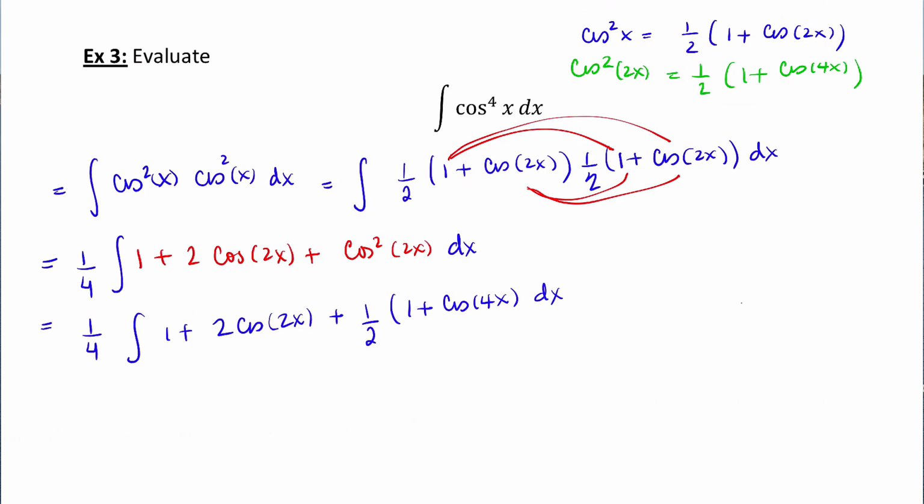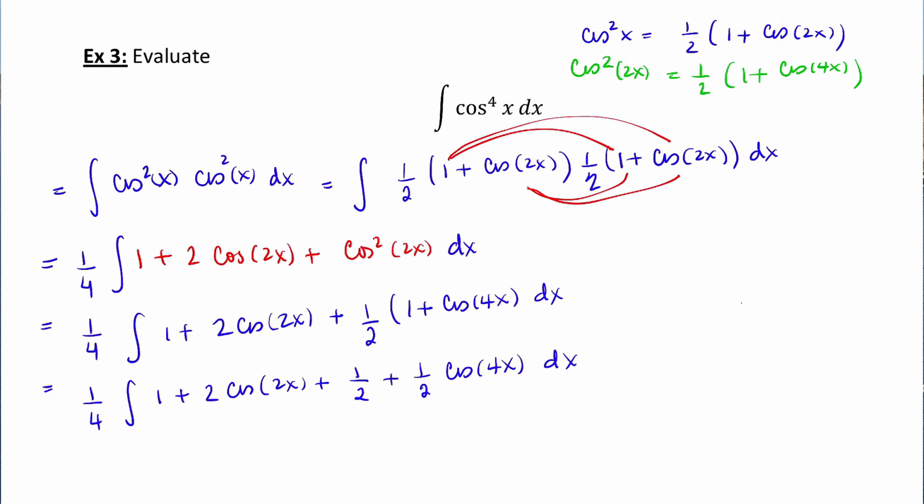So let me just do 1 over 4 and then 1 plus 2 cosine of 2x plus, I'm going to distribute this 1/2. I get 1/2 plus 1/2 cosine of 4x dx.